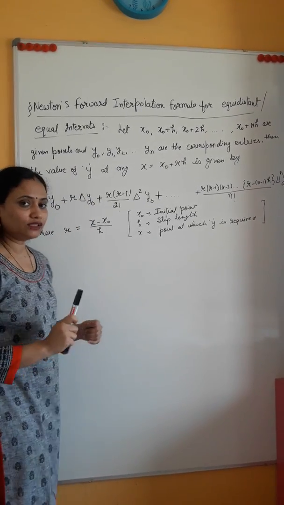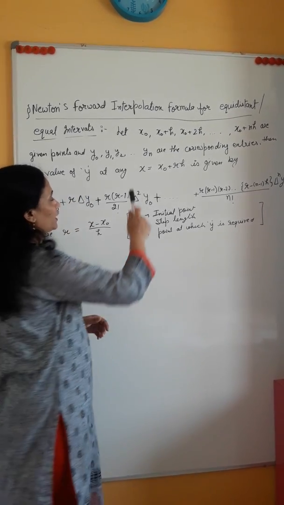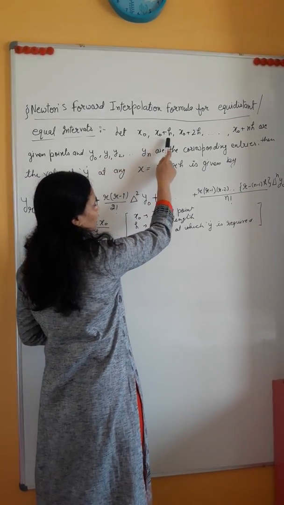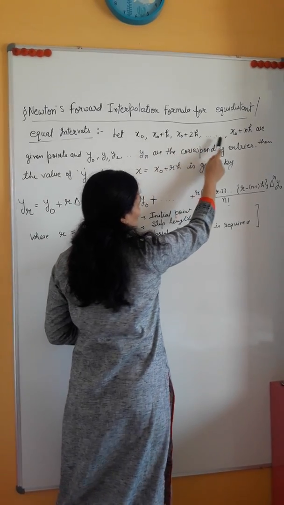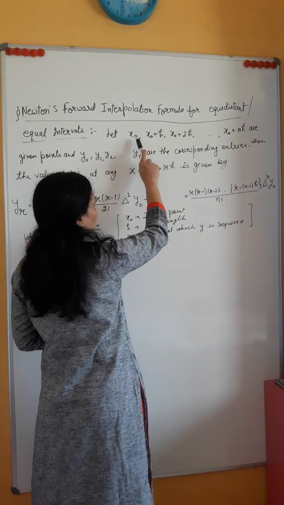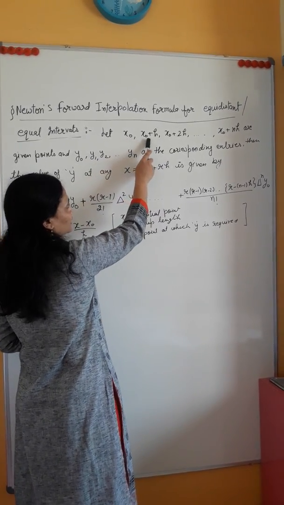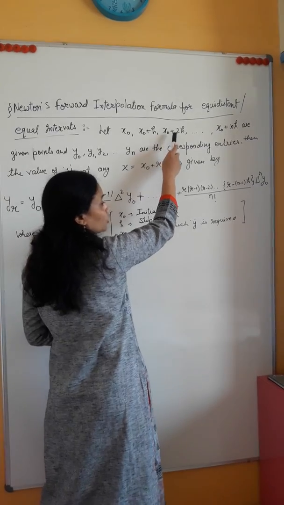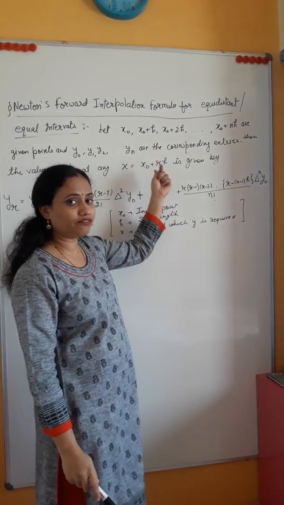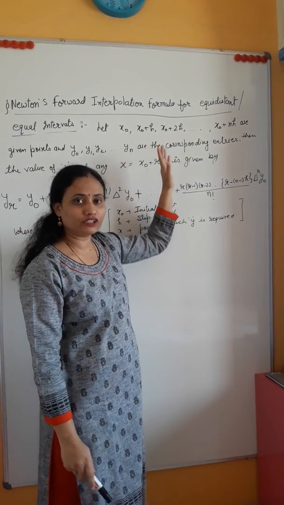Okay. So what is the meaning of equal intervals? First of all, we should understand that if the given points are x0, x0 plus h, x0 plus 2h up to x0 plus nh, then what is the difference in every step? It is h. If I do plus h, I'll reach here, then plus h, I'll reach here. So if I take the difference of any two consecutive values, the difference will always be the same.